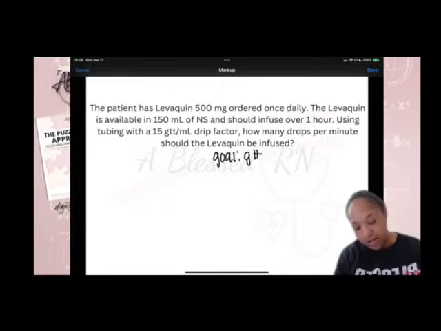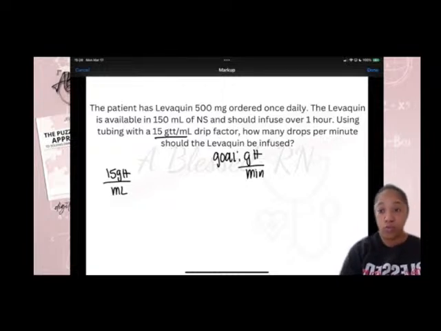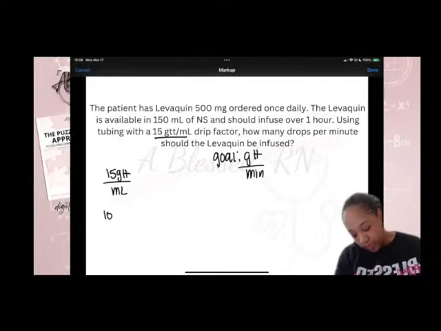So once again, we're looking for drops per minute, right? So we know we need a drop factor. That's a puzzle piece. All right, what is our volume? What is our infusion time?